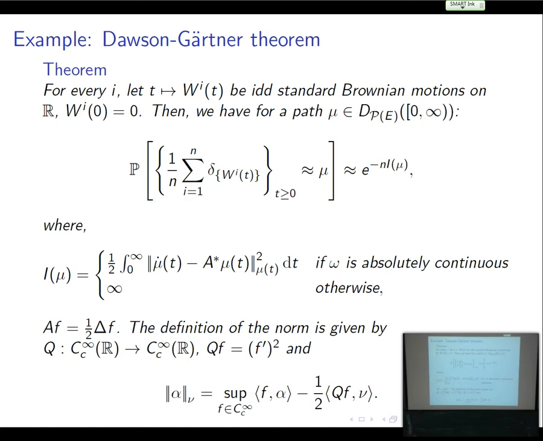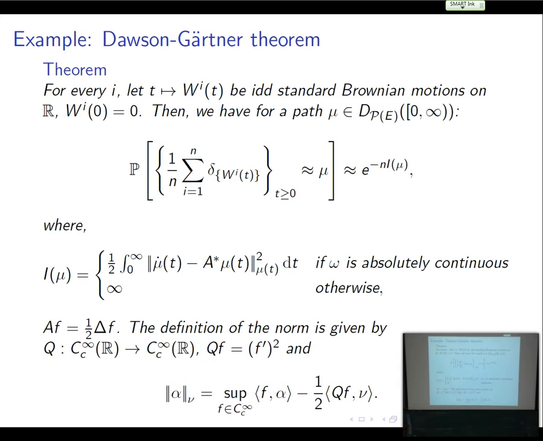So again here we have the rate function, and it's actually of a similar form. The rate function evaluated at mu is again 1/2 times the integral, and now we don't have the derivative squared, but we have a more difficult object. We have this norm here of the derivative of mu t in some sense minus the adjoint of the generator of Brownian motion evaluated in mu t.